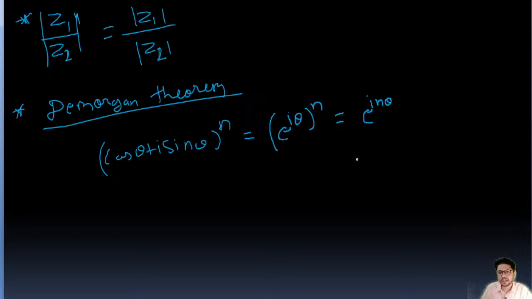And this value we know, that is cos n theta plus i sin n theta. So this is the De Moivre theorem: cos theta plus i sin theta to the power n equal to cos n theta plus i sin n theta. Now complex analysis.